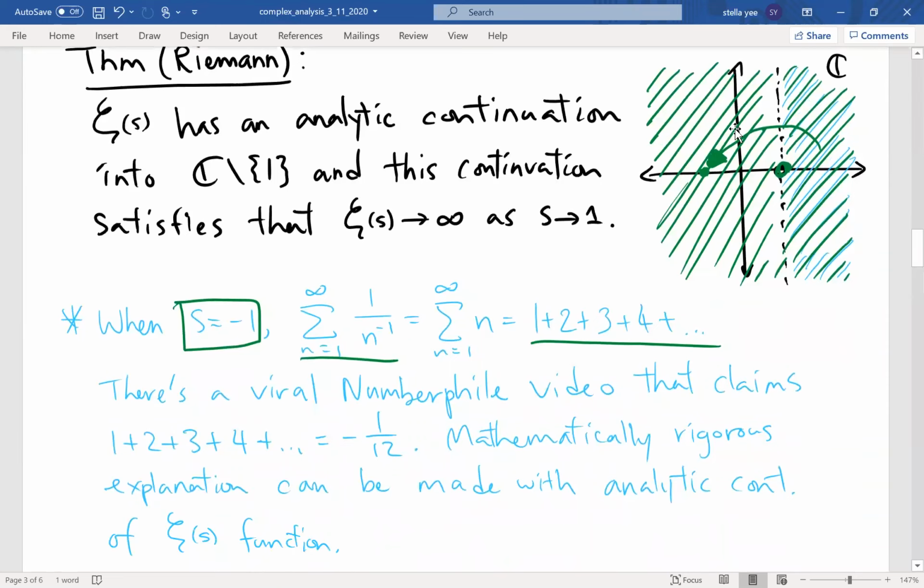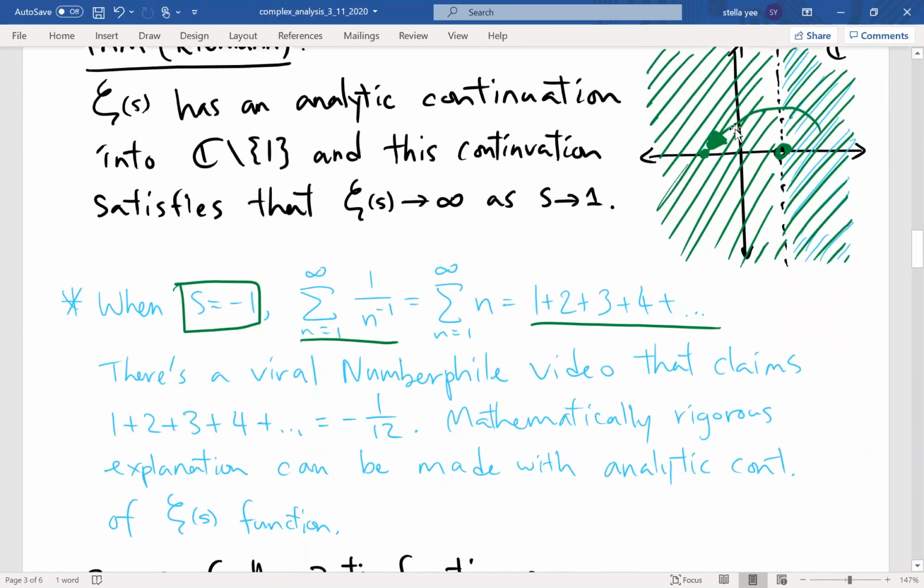I don't know if you've seen it or not, but there's a viral Numberphile video that claims that 1 plus 2 plus 3 plus 4 and so on is equal to negative 1/12. This video is absolutely nonsense. It claims a lot of weird things.